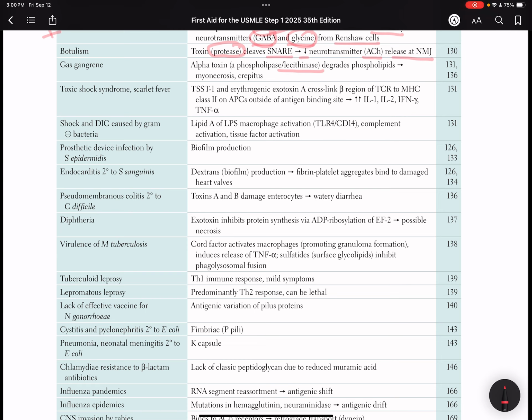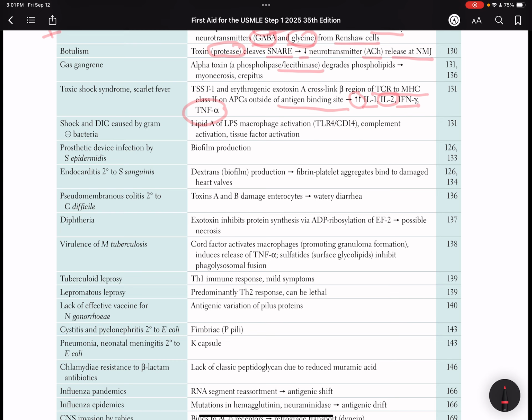What is toxic shock syndrome and scarlet fever? TSST1 and erythrogenic exotoxin A cross-link beta region of TCR to MHC class 2 on APCs outside of antigen binding sites, which leads to increase interleukin 1, interleukin 2, interferon gamma, TNF alpha.